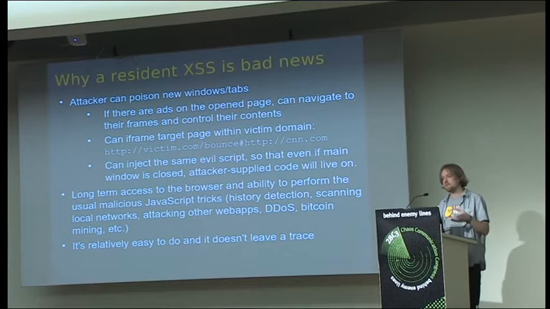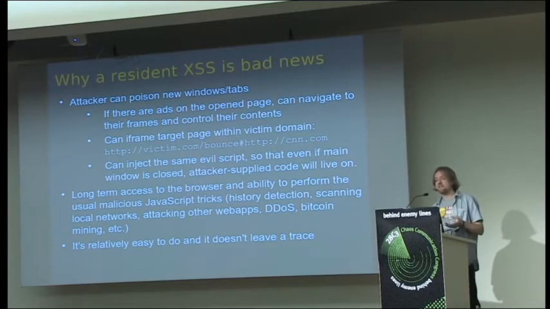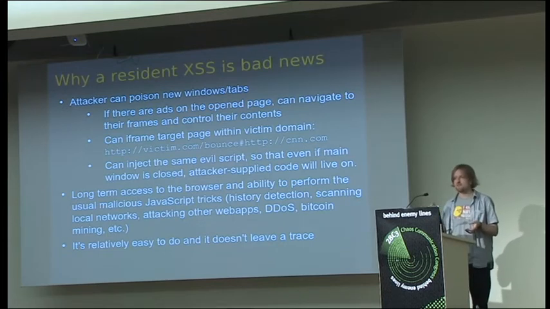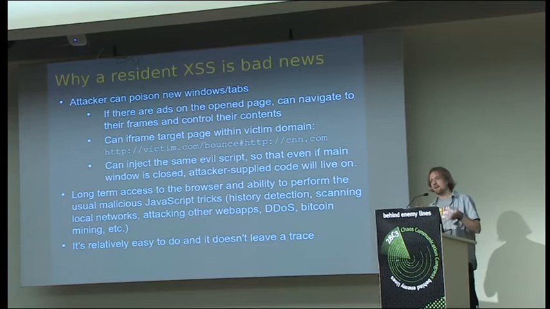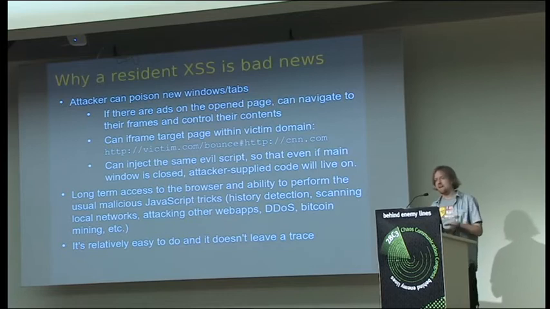And there are a few other things as well. So, for example, if you're in your webmail application and you get a link to CNN.com, what the attacker can do is open the CNN.com page in another tab and inject its own JavaScript into that page.